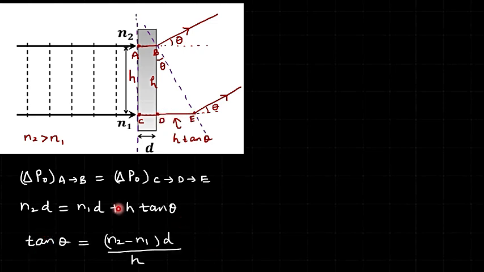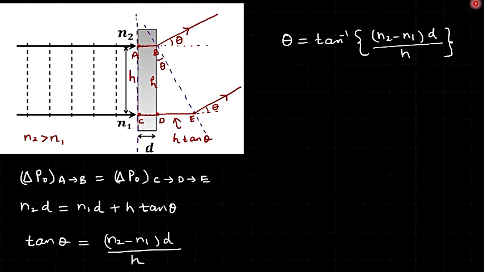Just simplify that and we get tan theta equal to (n2 minus n1) d by h. So theta is equal to tan inverse of (n2 minus n1) d by h, and we'll get one of the options, and from here you can see on what factors this angle of deflection depends. All right, okay.